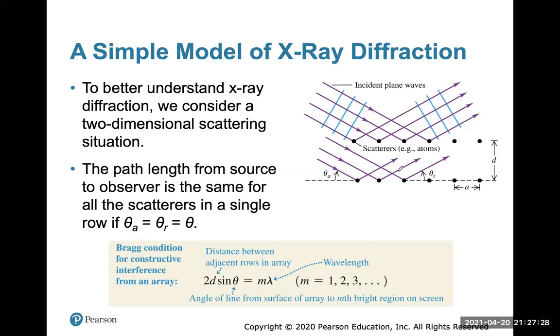This isn't two diagrams. This is all the same diagram. We've got incident plane waves coming in. These reflect, and so do these. These have path length differences associated with their propagation past the first row of scatterers to the next row of scatterers, and then back.